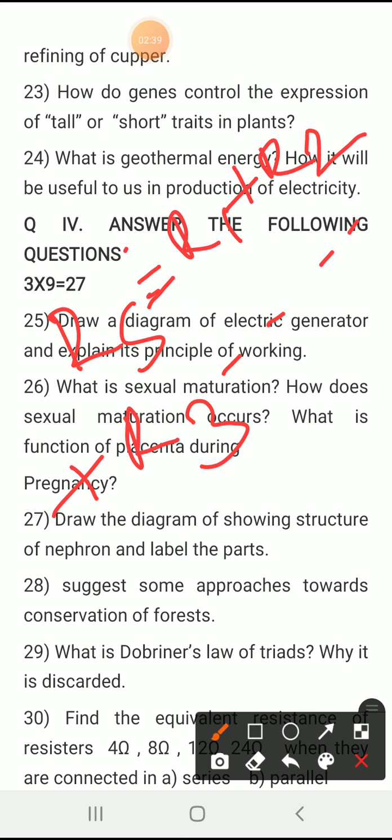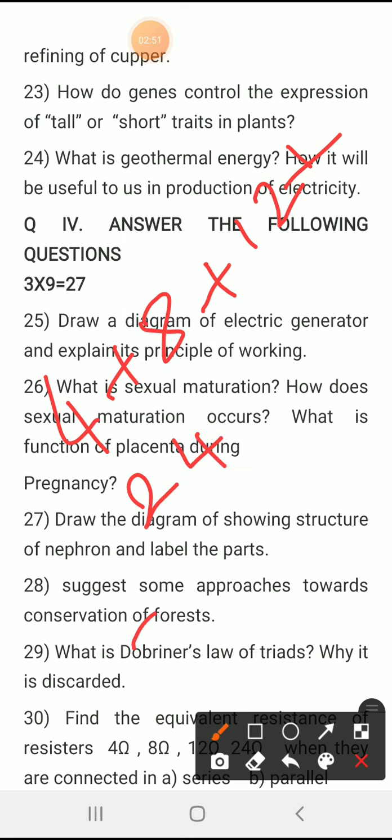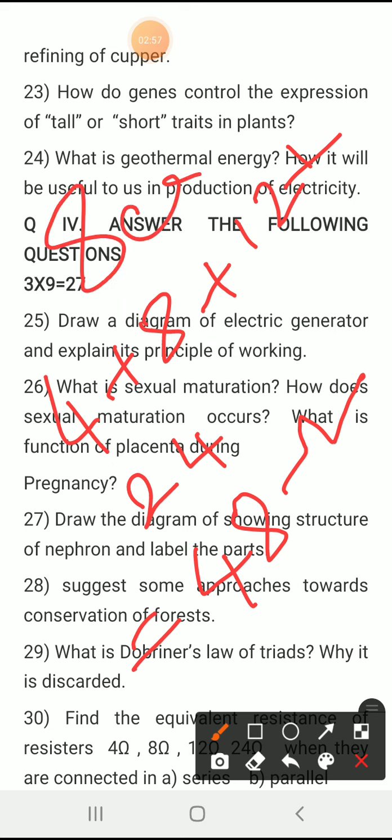So we have 4 ohm, 8 ohm, 12 ohm and 24 ohm. So 4 plus 8 plus 12 plus 24 is equal to 48 ohm. So this is for the series. The connection in series is very simple, right?